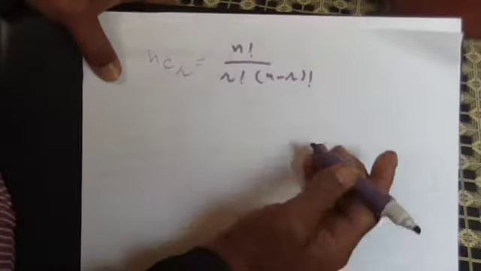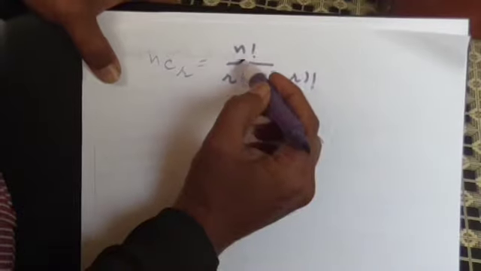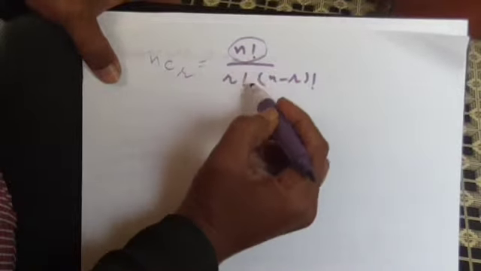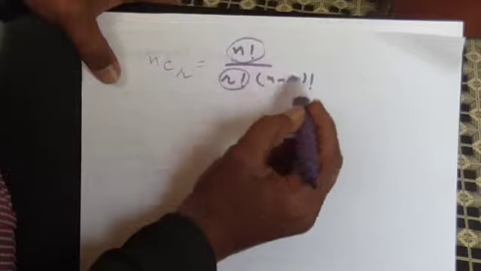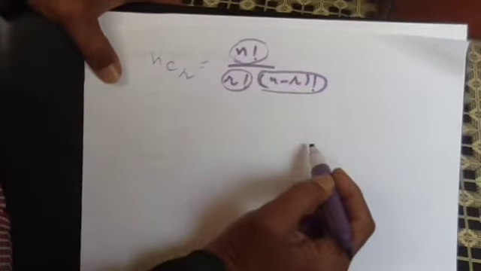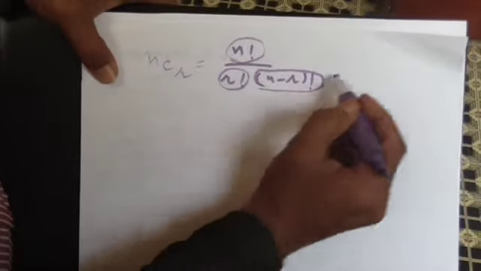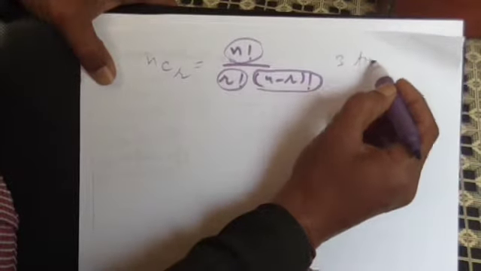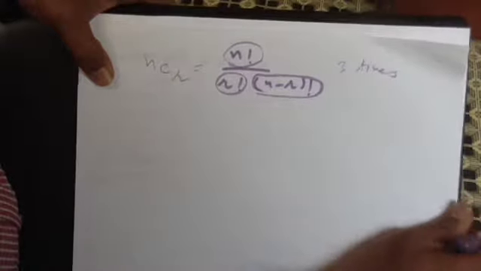If you notice here, this factorial is the one we need to calculate. So in this simple example, the factorial value is to be calculated 3 times.